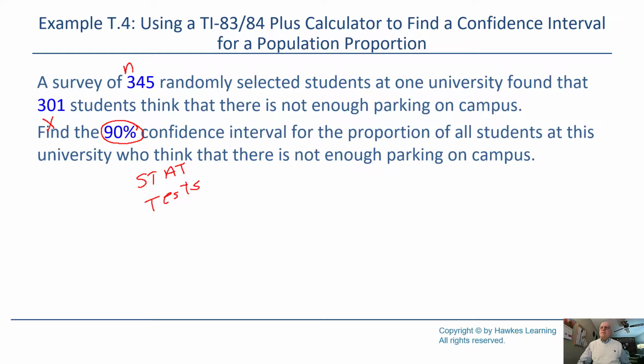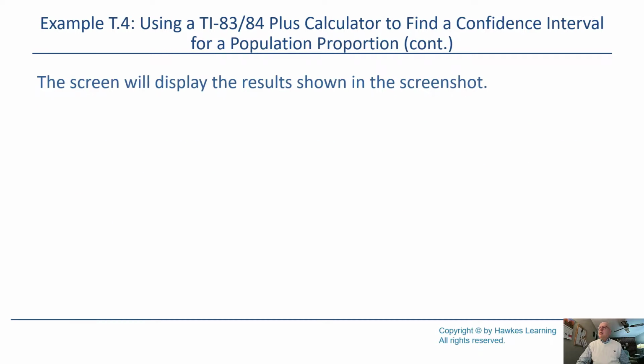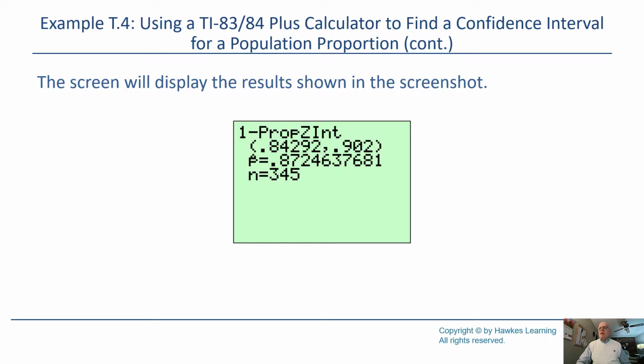And you're going to use the 1 proportion Z interval. Put in the numbers N, X, and C. There you go with the steps. And it should look something like this.